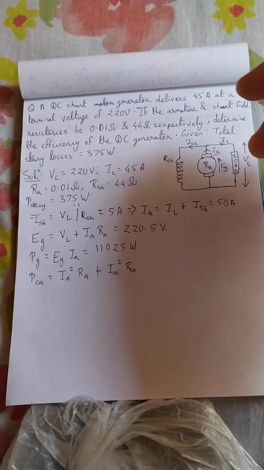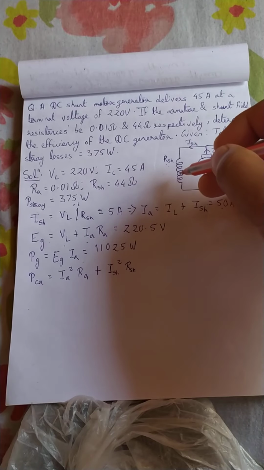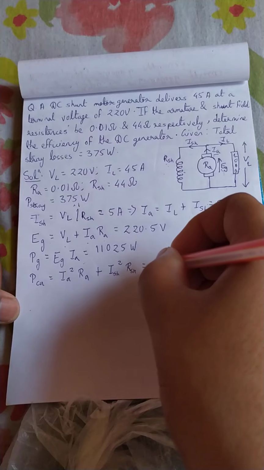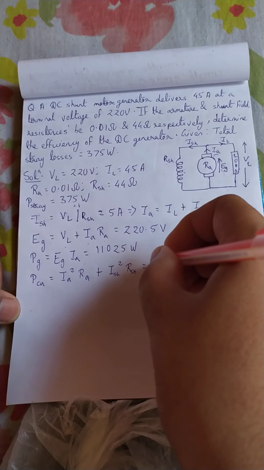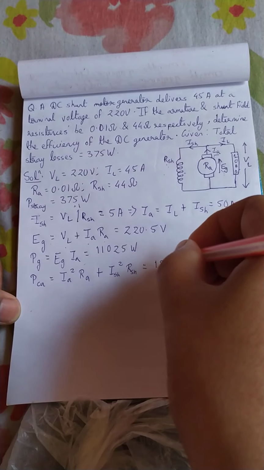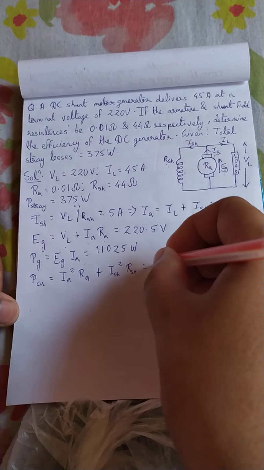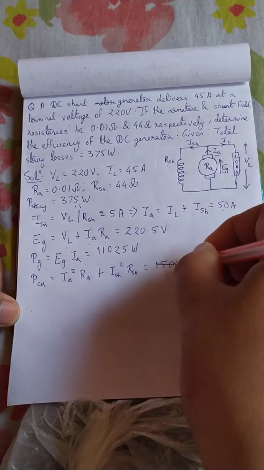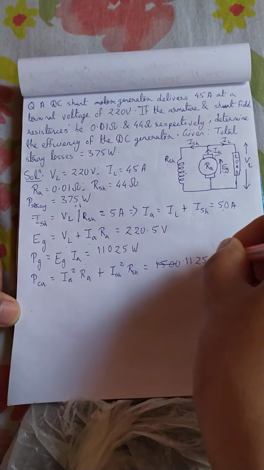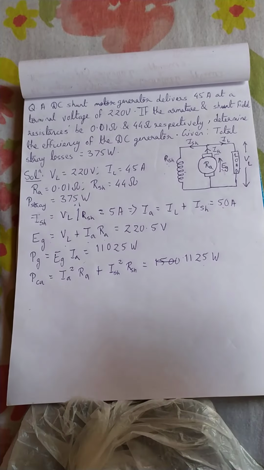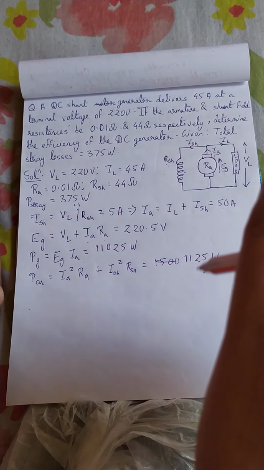We have copper loss in the armature, and we have copper loss in the shunt field. Putting the values and calculating, it would come to be 1125 watt. So this is the copper loss occurring there.